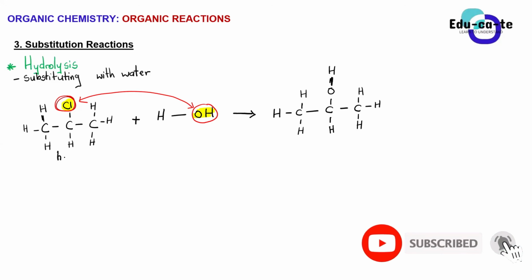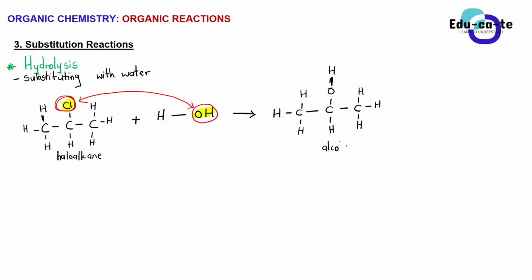So this is a haloalkane, but we are turning this to become a what? To become an alcohol. So this is known as hydrolysis. It's a type of substitution reaction because we're not adding anything, we're not eliminating anything. We're just going to swap their position.